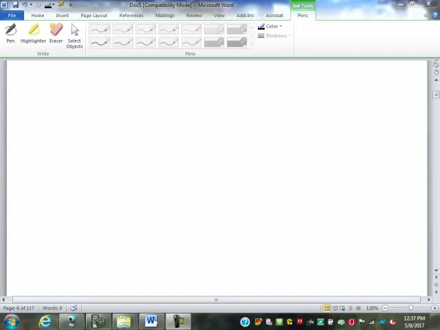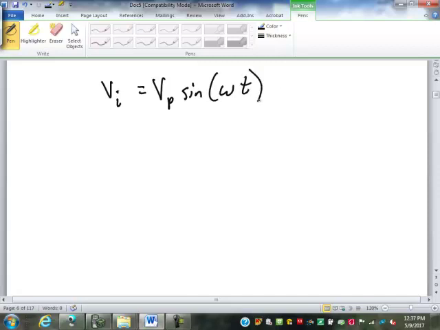So we've talked about these signals for the voltage and the current before, looking at instantaneous versus peak. So far we've talked about the instantaneous voltage being equal to the peak voltage times the sine of omega t. Remember, omega was our angular frequency.